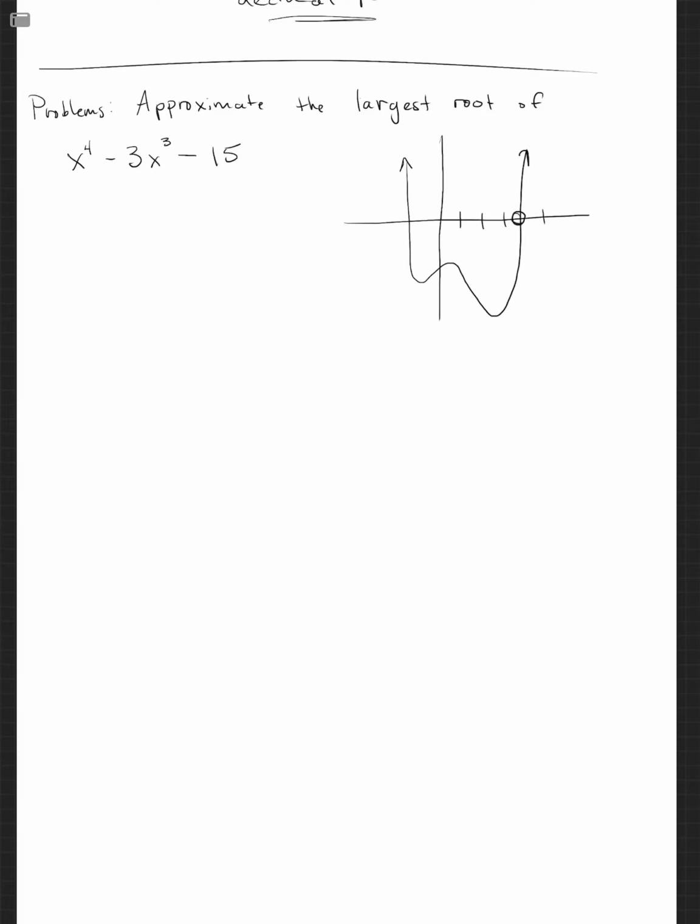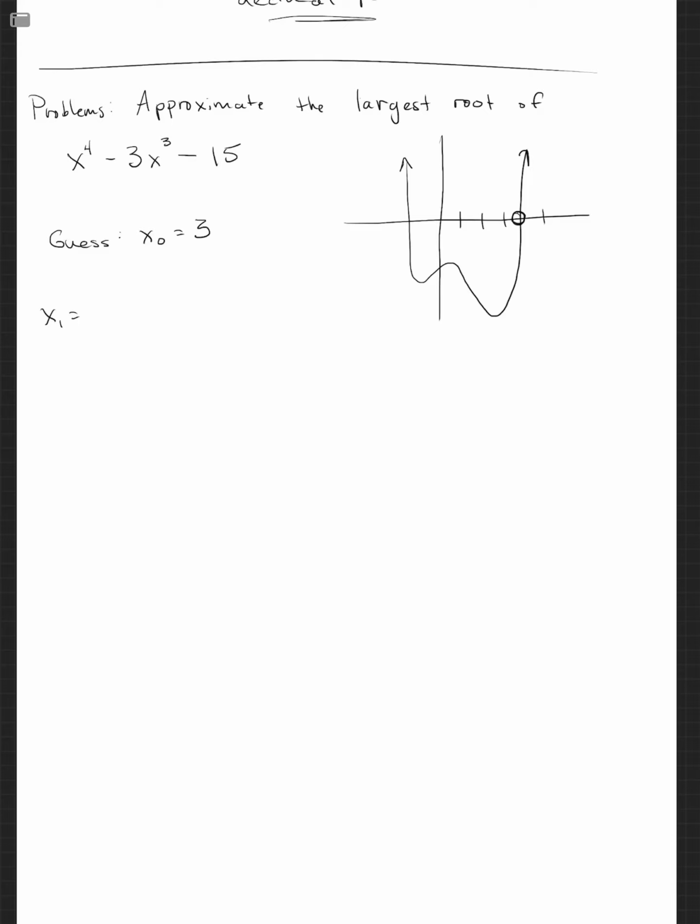So this is what we're approximating, right? That's the root of the polynomial, the 0 of that function. And I can see that it's somewhere in between 3 and 4. So my guess is going to be 3. I know that that's not actually a root, but it's a nice, easy number that's close by, probably.